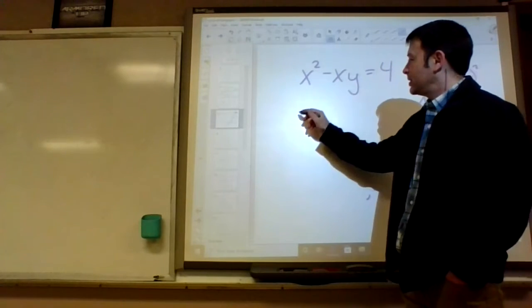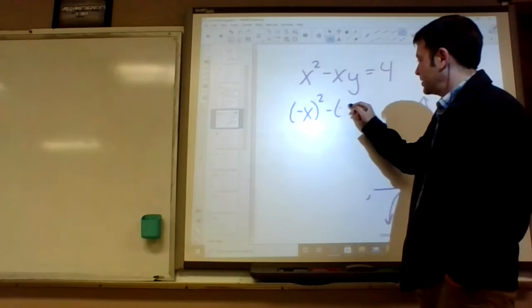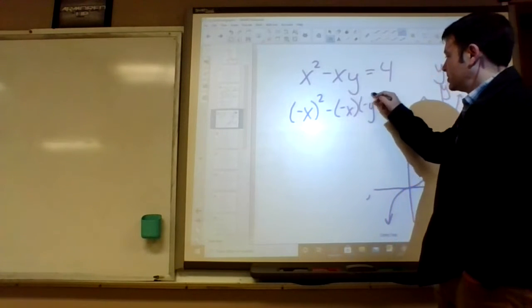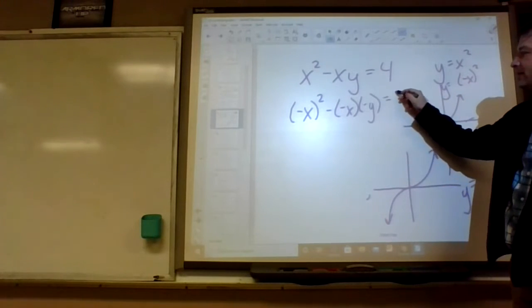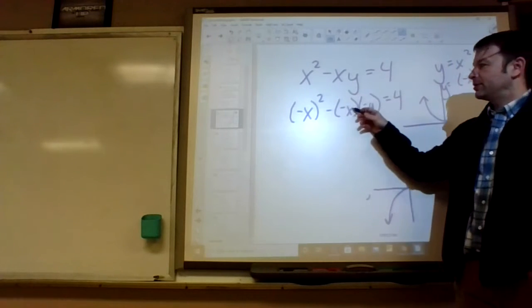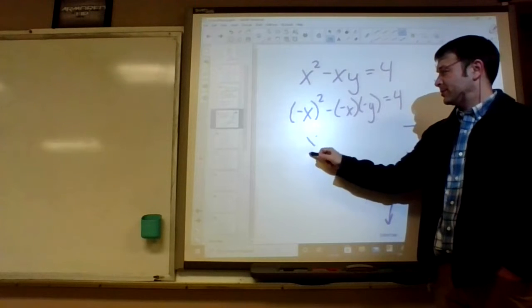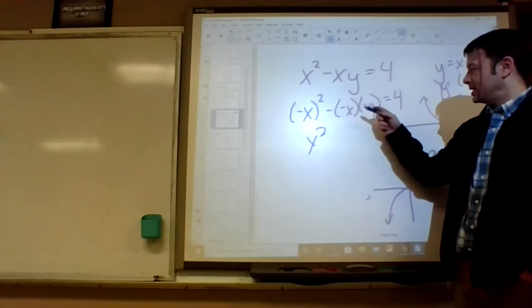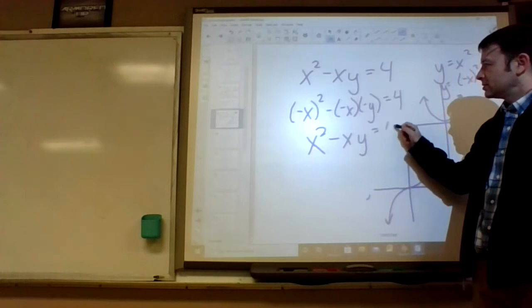If I change this to a negative x squared, that to a negative x, and that to a negative y, so you just make all the x values and y values negative. If that gives me this exact same function, then it is symmetrical about the origin. Is it the exact same thing? Yes, that simplifies to x squared. A negative times a negative is a positive. So yeah, it's the same.